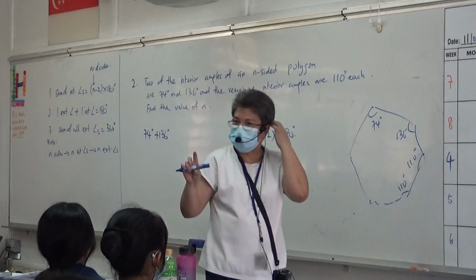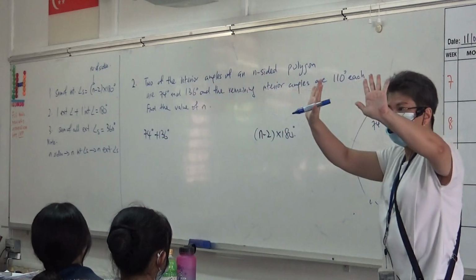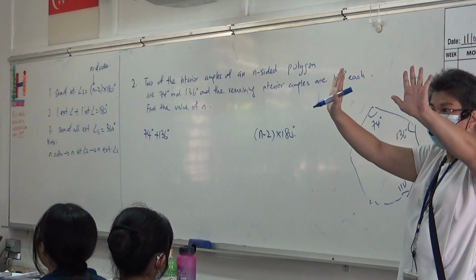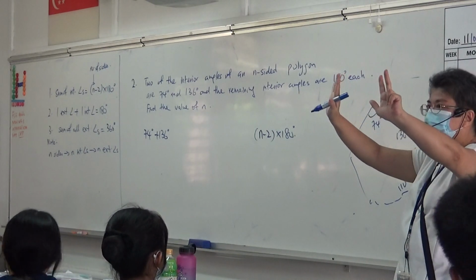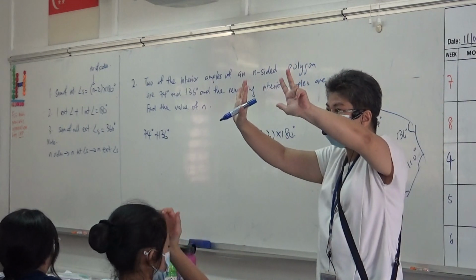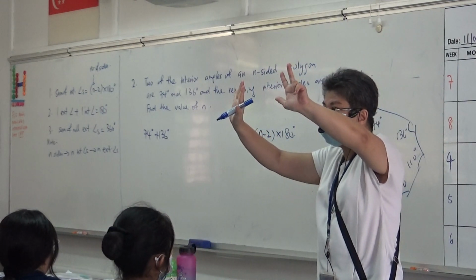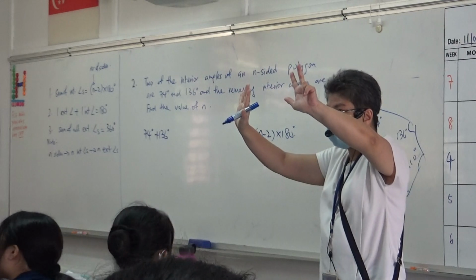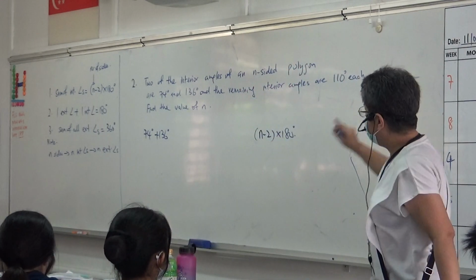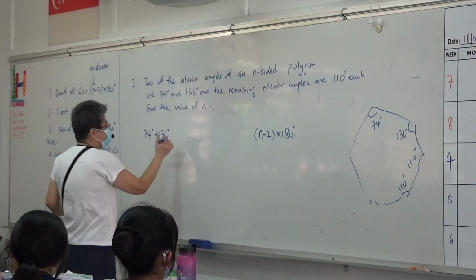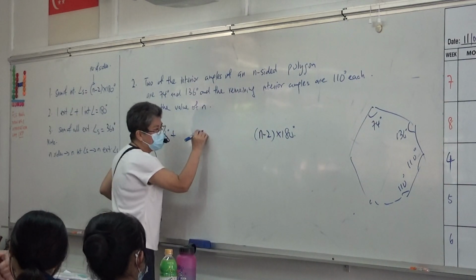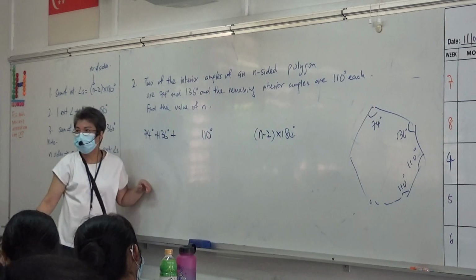Now, let me just ask you, if there are 10 sides, there will be 10 interior angles, correct? So if one is 74, one is 136, how many angles left? 8. How do I get 8? 10 minus 2. Correct? Now I have n sides, 2 here already. So, how many times 110?